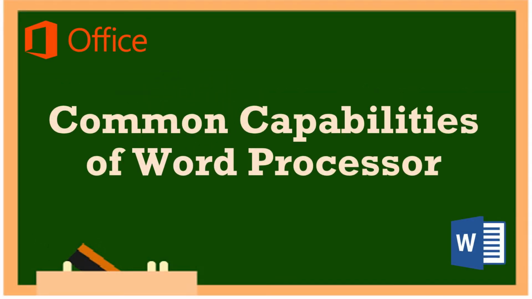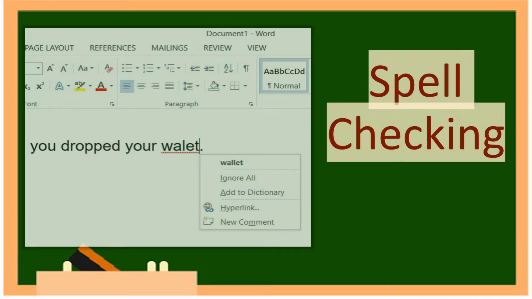What are the common capabilities of a word processor? Capabilities of Microsoft Word: it has spell checking, meaning it will automatically notify you if you misspelled some of the words in your paragraphs or sentences, and it will provide you the correct spelling of the word.